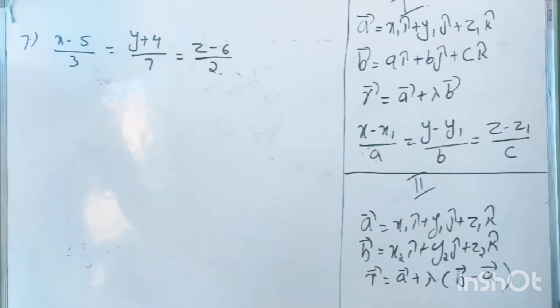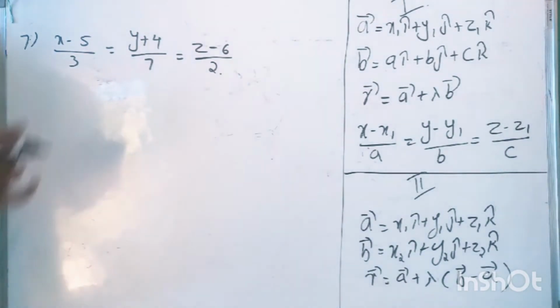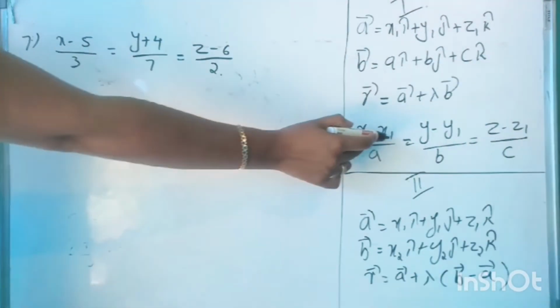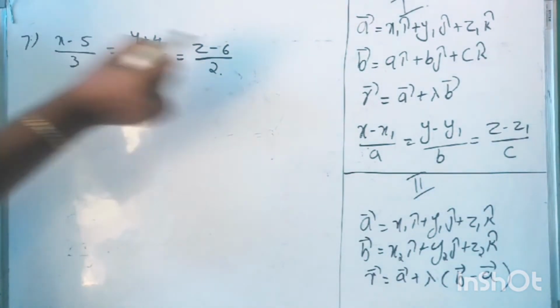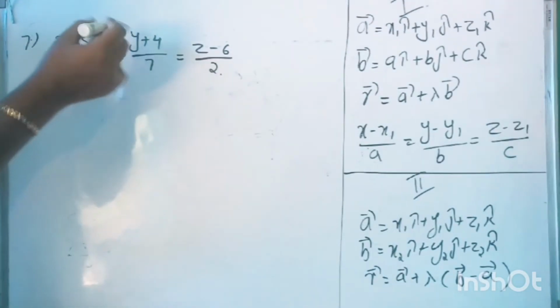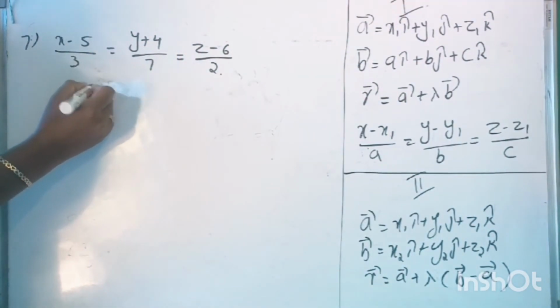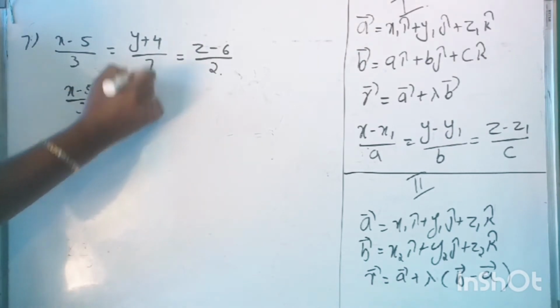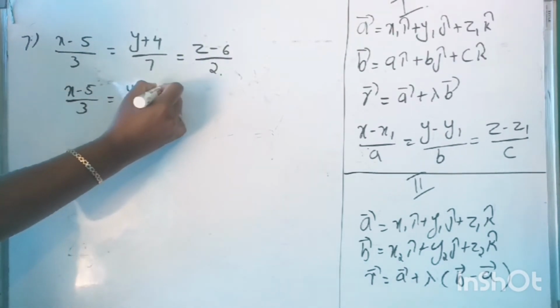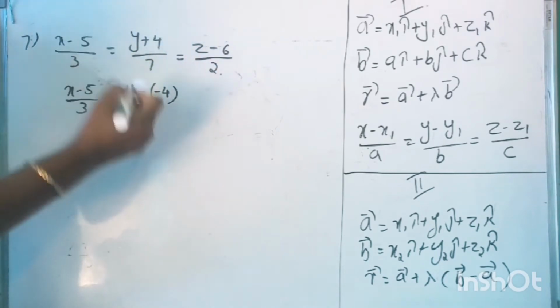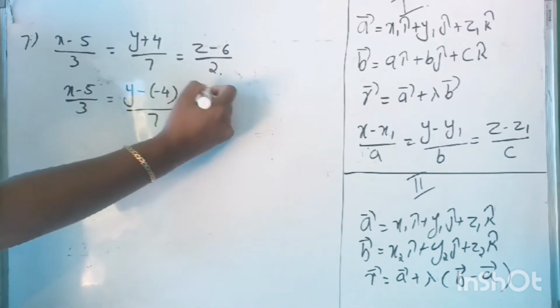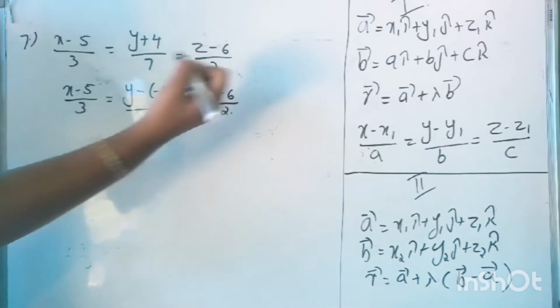So I am going to rewrite it as (x minus 5) divided by 3 is equal to (y minus -4), that is (y plus 4) divided by 7 is equal to (z minus 6) divided by 2.